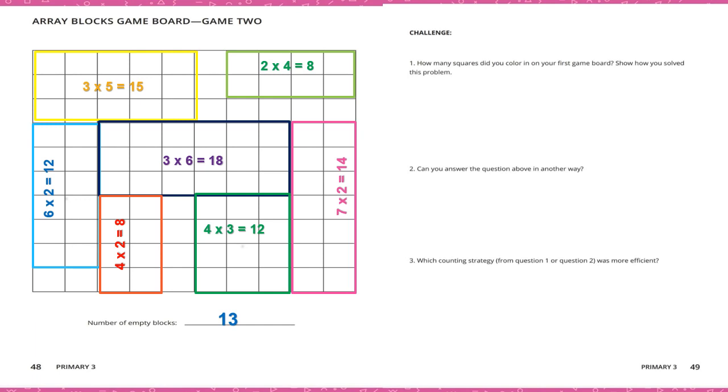Let's move to the challenging part. Number 1. How many squares did you color in your first game board? Show how you solved this problem. To know the total number of squares we colored, we will add the product of all arrays.